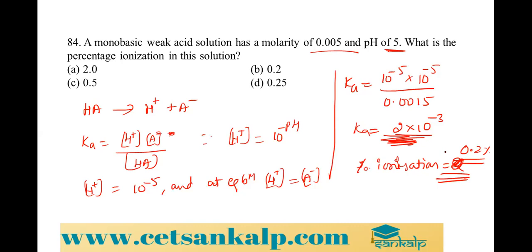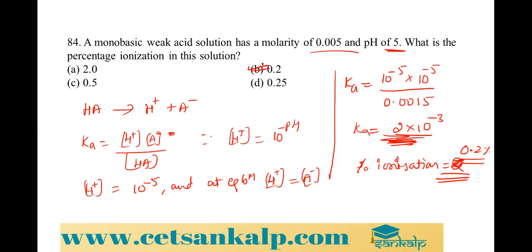Okay, 0.2% means we are multiplying by 100. So what is that going to become? 10 to the power plus 2 minus 3 minus 1, so it is going to be 0.2. Right? I hope you understood. That is equal to option B.